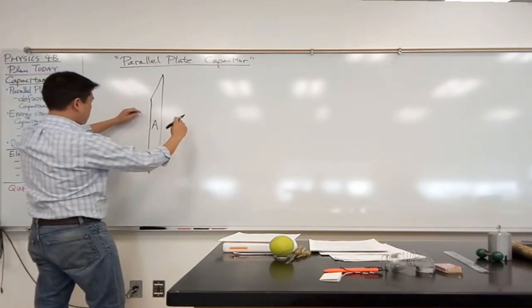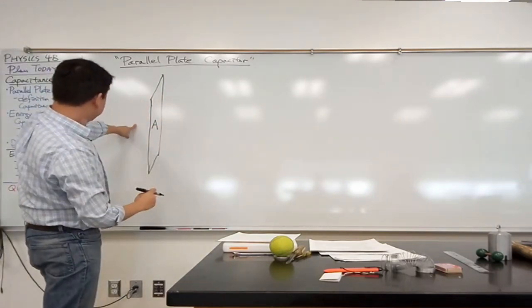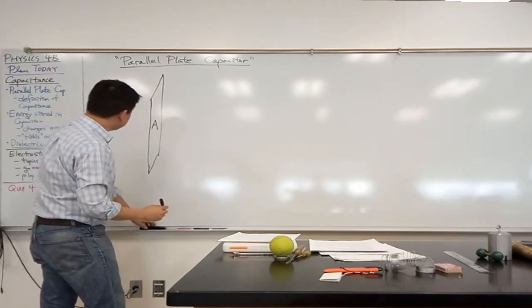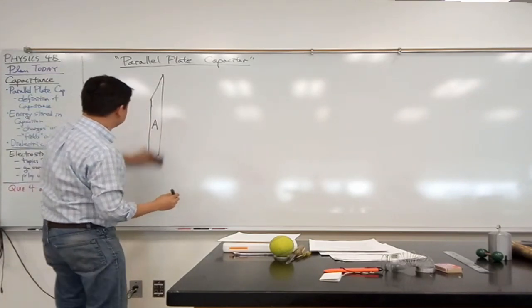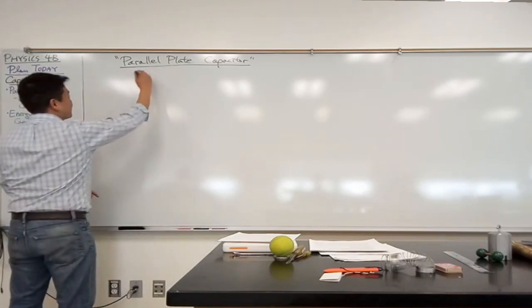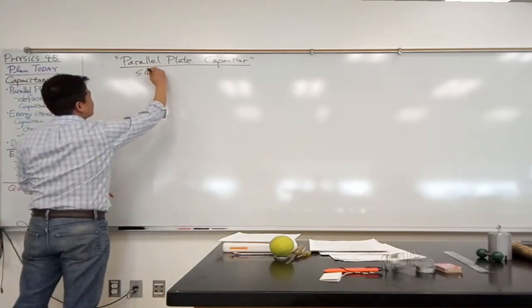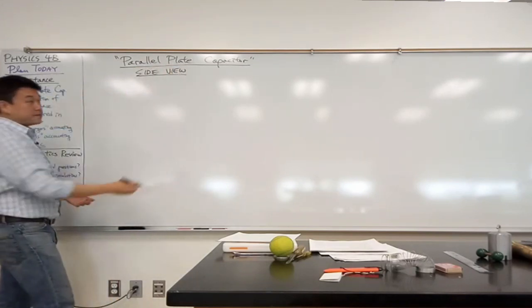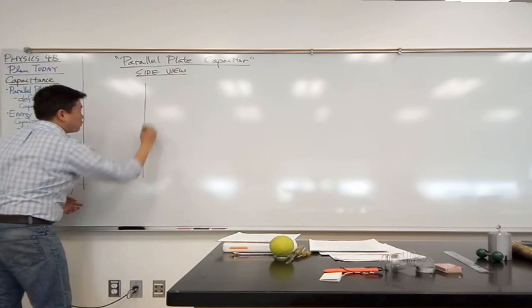One, and there's one more here. I don't think I'm drawing this all that well. Let me not do the perspective. I'm just going to draw the side view. Side view is a lot easier. So this is the side view of the parallel conducting plates. So here's plate 1.